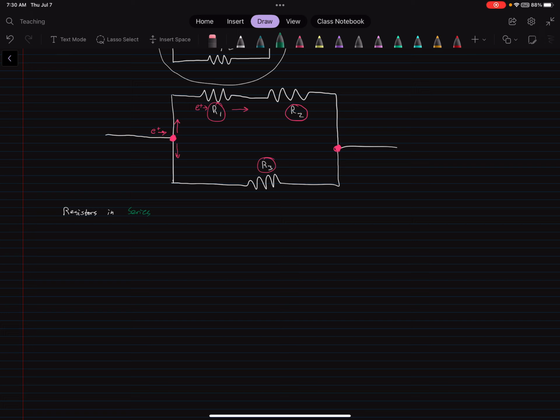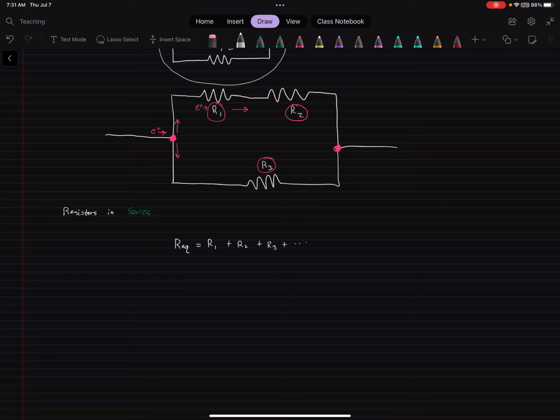So we have a formula for how to add resistance of resistors in series, and it is given by R_EQ, standing for equivalent, so equivalent resistance, is equal to R1 plus R2 plus R3 plus and so on.